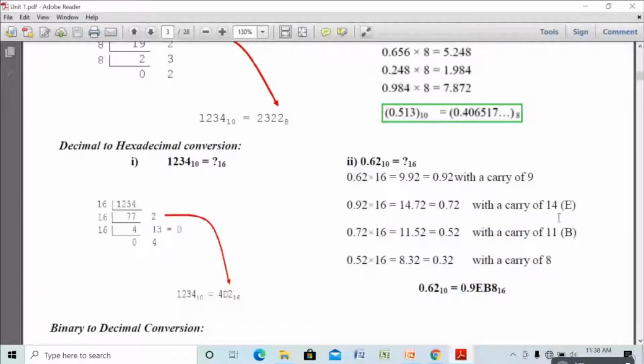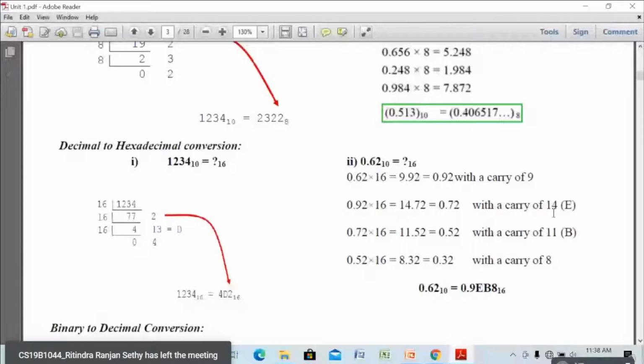To represent 14, instead of putting 14, we put E. Here 11, for that we put B. So the answer is 0.9B8. In the examination, you have to write them correctly.